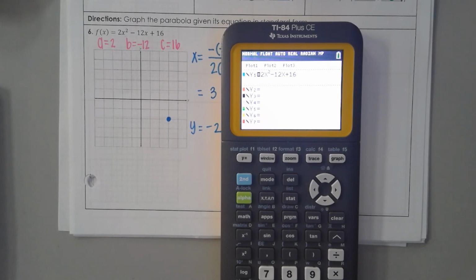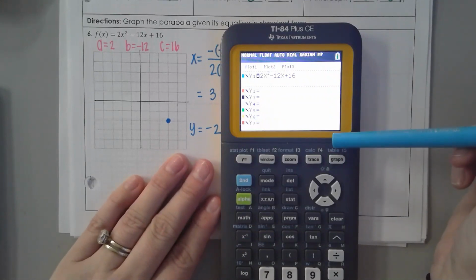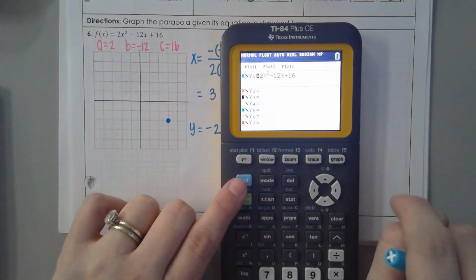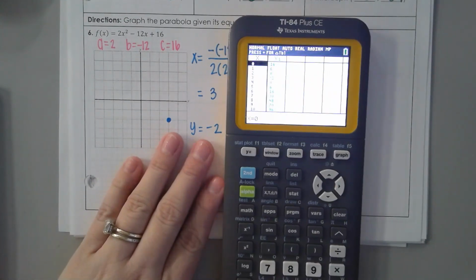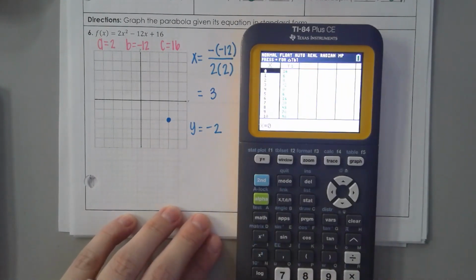And I notice above the graph button in blue it says table, and I want to see the table. So I hit second graph, and that's going to take me to the table.